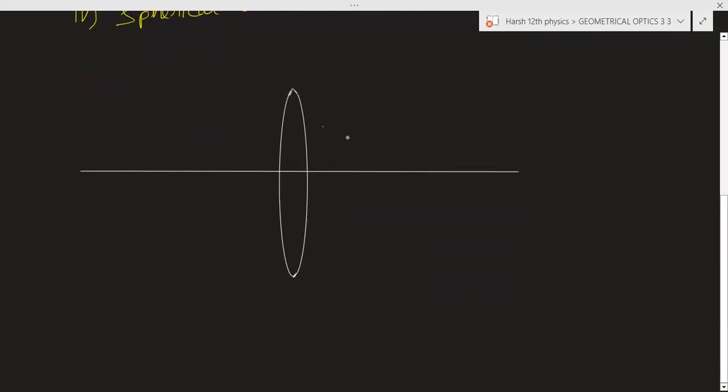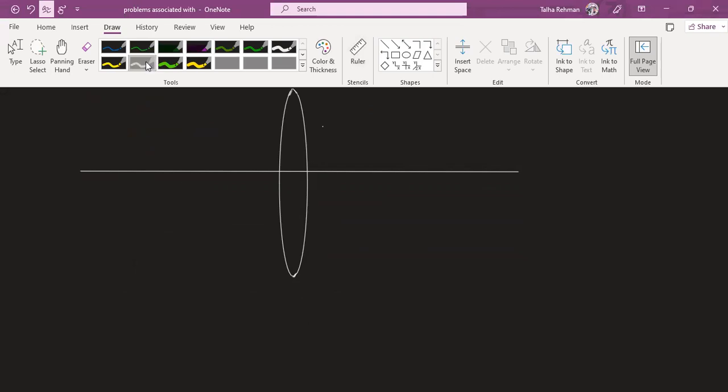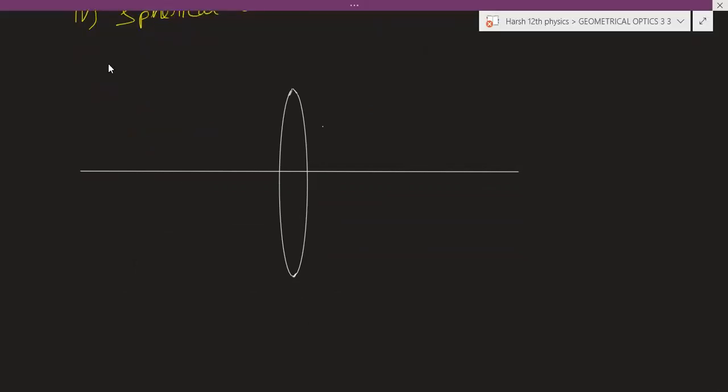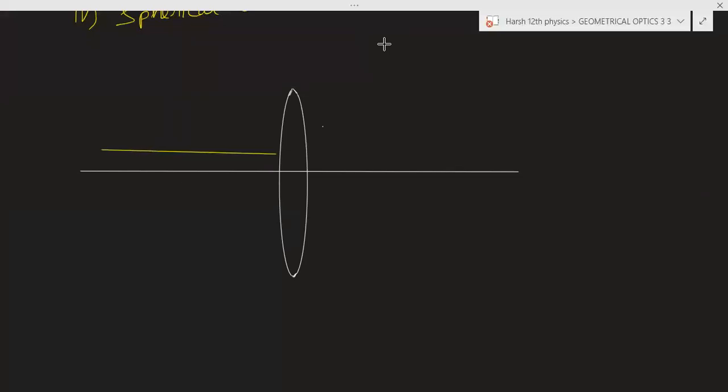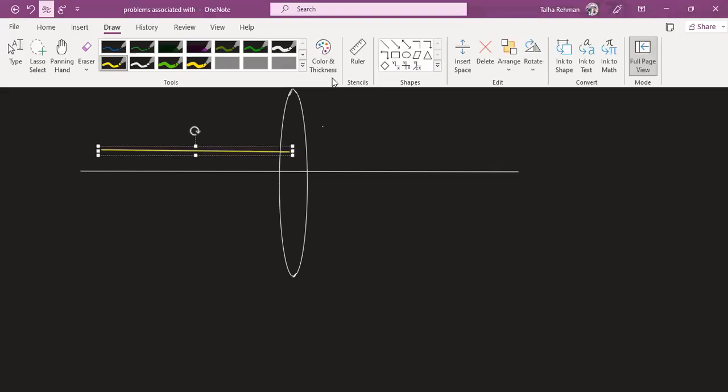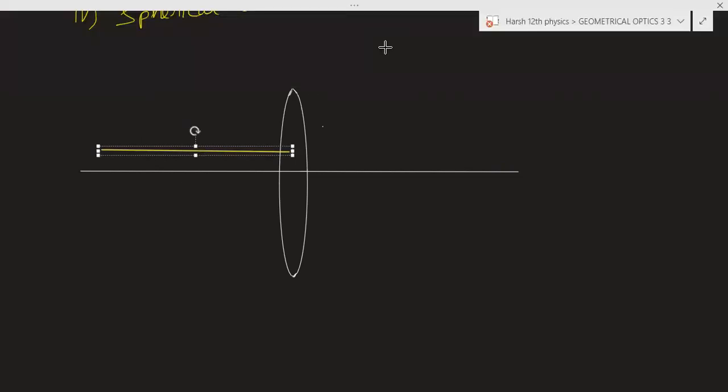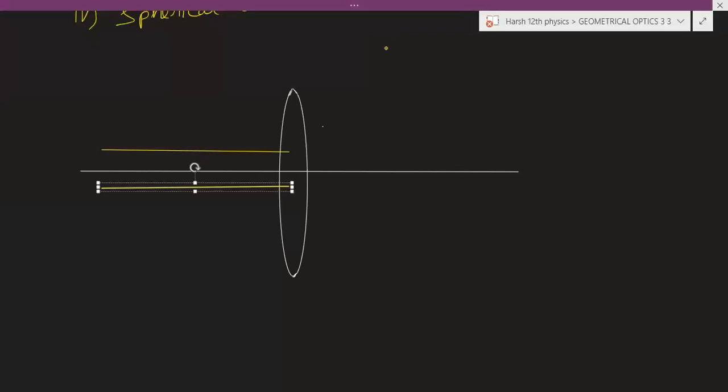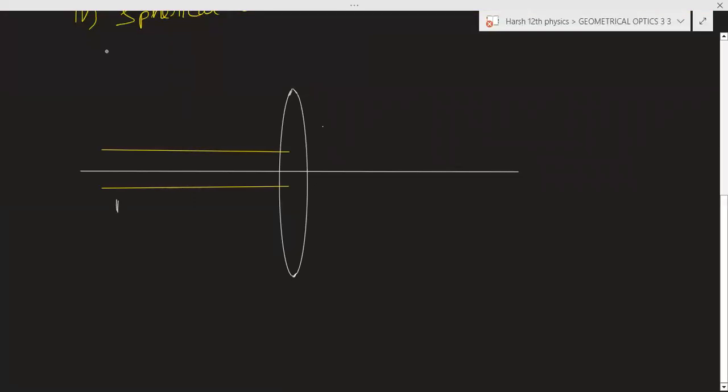There are two types of rays. One is paraxial rays. Paraxial rays are the rays which are very close to the principal axis, like this. These are the paraxial rays.